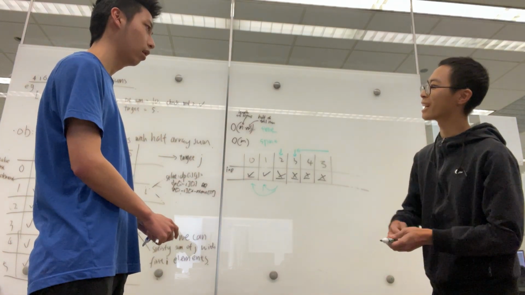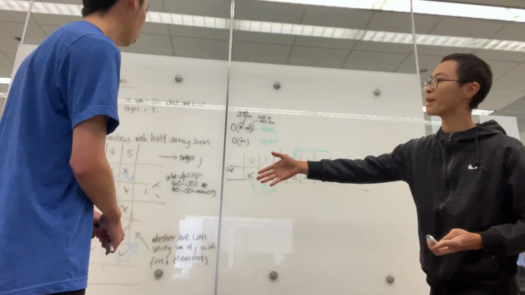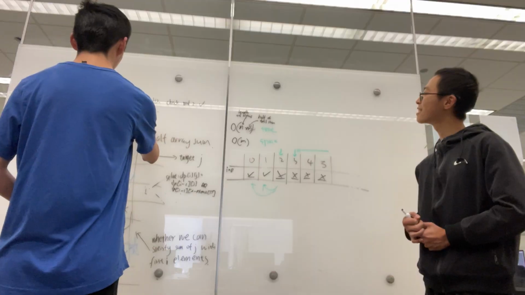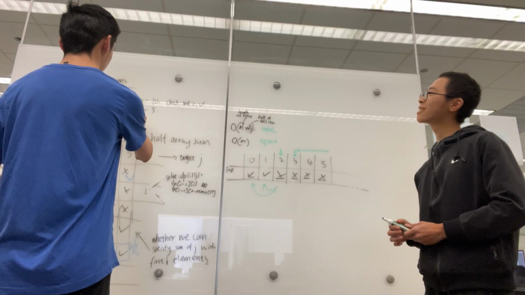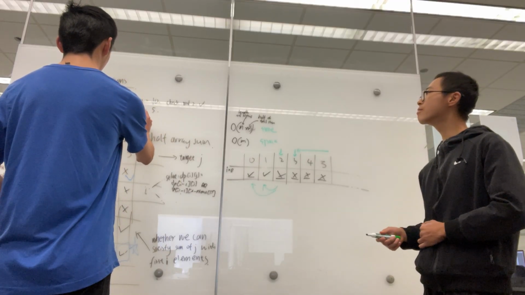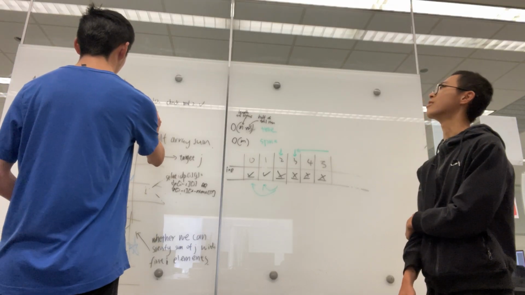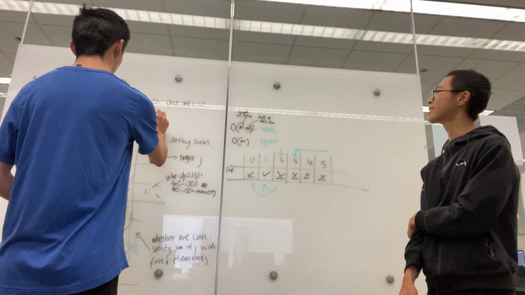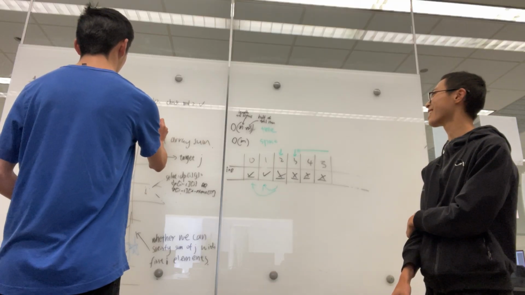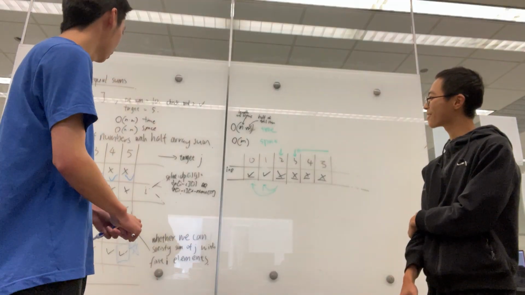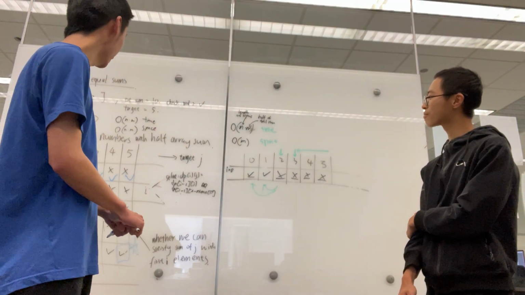Would you like to write down the time and space for this? Sure. Yep, we see a difference in the space complexity for sure. So it's a pretty interesting problem.